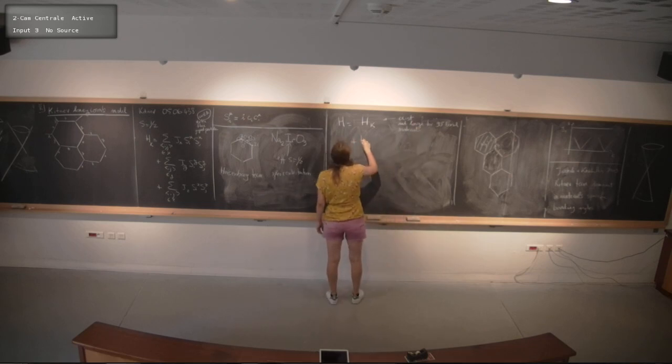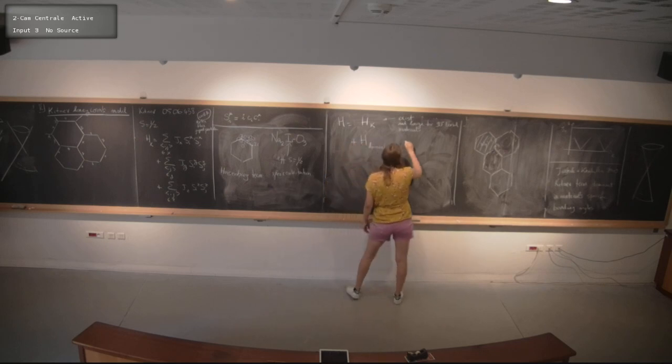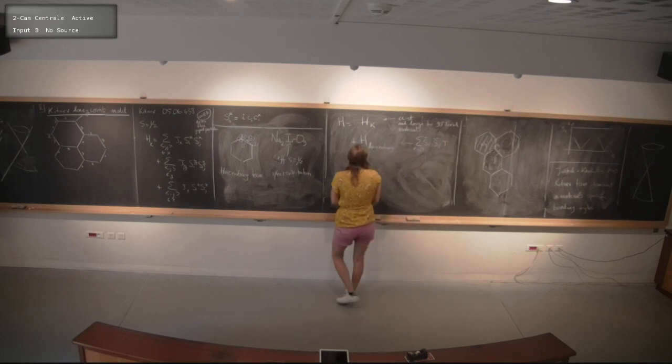Then you have a Heisenberg contribution, which is just Si dot Sj on every bond. Maybe we put a J here.